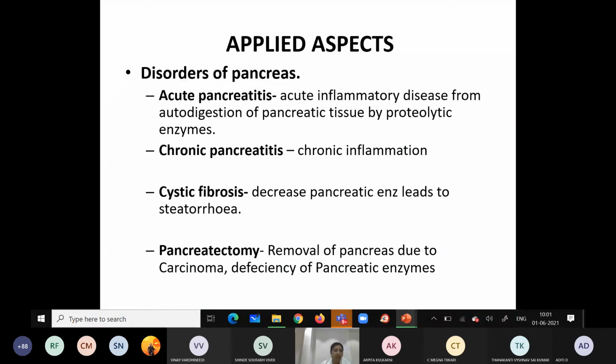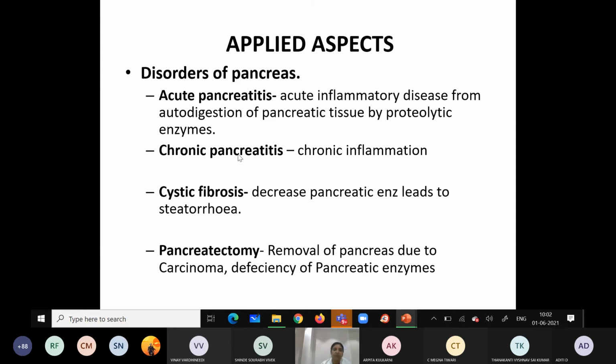Now coming to the last part, the applied aspect. There are four important disorders of the pancreas. First one I have already told: acute pancreatitis, where there is acute inflammation of the pancreas, with autodigestion of pancreatic tissue by proteolytic enzymes like trypsin because of lack of trypsin inhibitor. Right, in chronic pancreatitis, there is chronic inflammation of the pancreas.